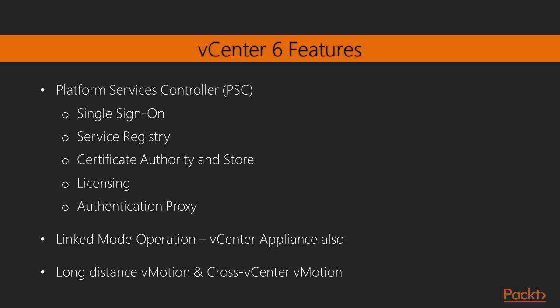Now, of course, you can extend it out and go to a third-party certificate authority as well. But the fact of the matter is that all of the internal traffic is now encrypted using this capability, which is based on an integrated CA that is provided within vCenter version 6 and vCenter version 6.5. And later in the course, we go into great detail about this as well.